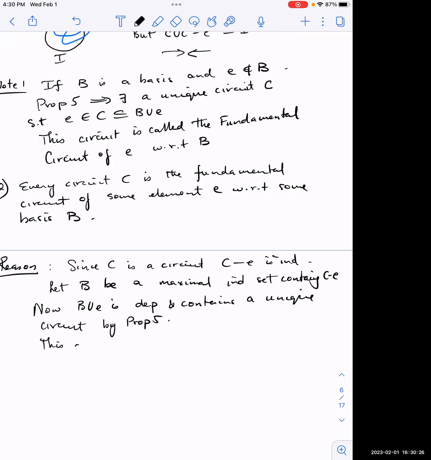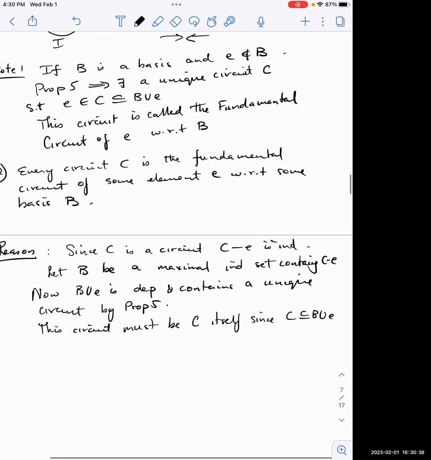This circuit must be C itself, since C is contained in B union E. Therefore, C is the fundamental circuit of E with respect to B.